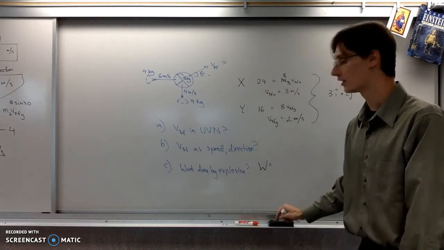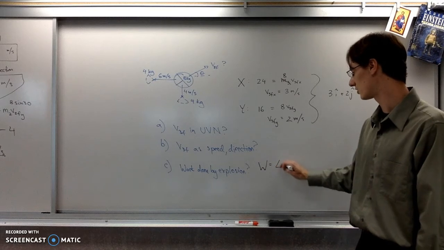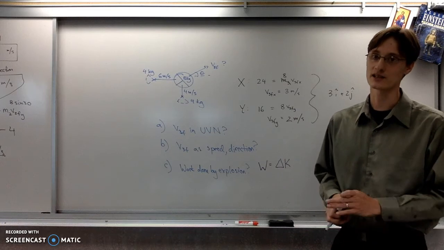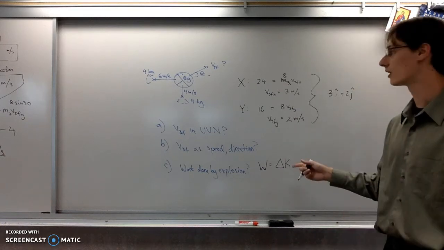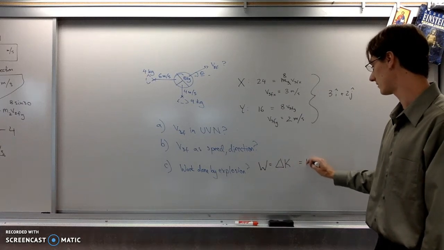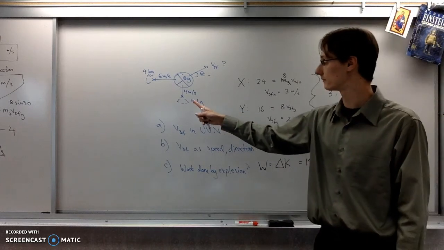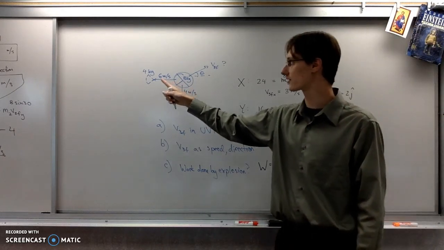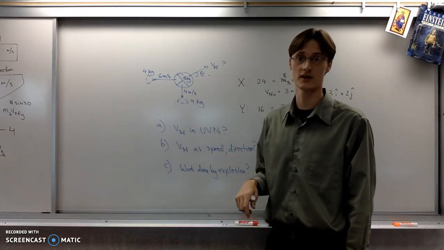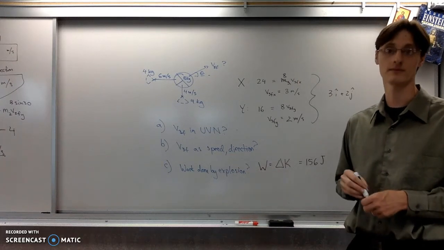Rather, you go back to something which is even more basic for work, which is the change in kinetic energy. All right, at this point, it's a little bit of number crunching, right? But if you wanted to know the answer, it actually comes out to be 156 joules. That's based on this one's kinetic energy plus this one's kinetic energy plus this other fragment's kinetic energy. Add all those up, and that has to be the work that was done by the explosion.